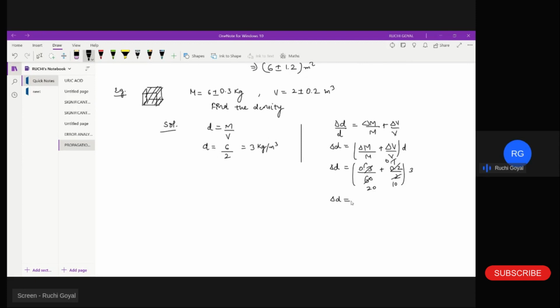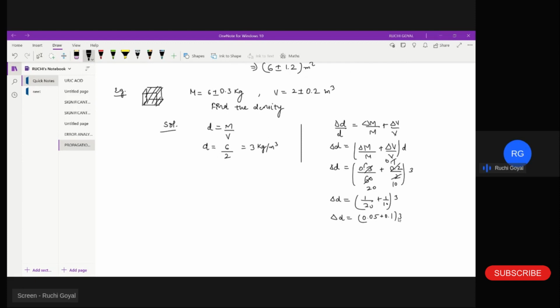So delta D will be 1 by 20 plus 1 by 10, into 3, right? So what will be the delta D here? 1 by 20 is 0.05 plus 0.1, into 3, because 1 by 10 is 0.1.